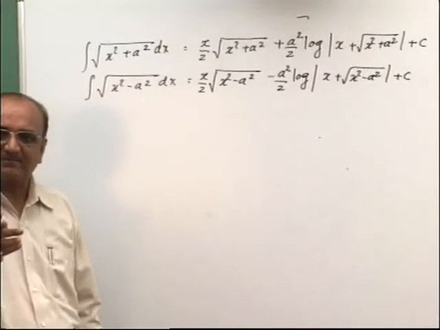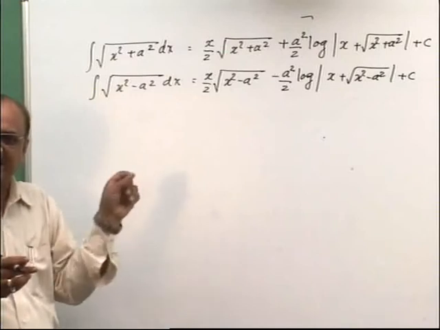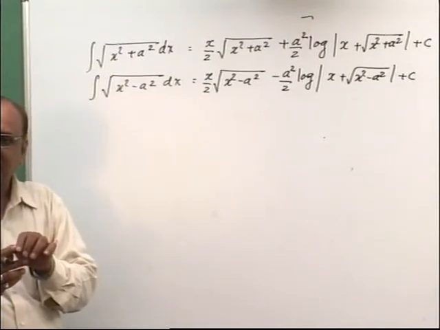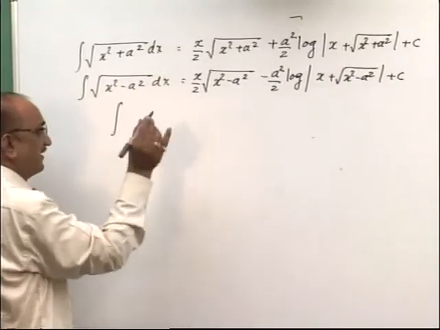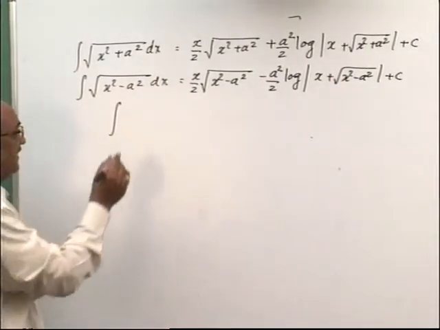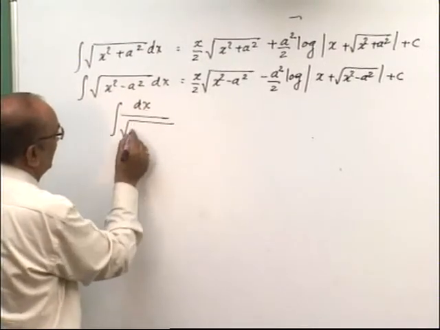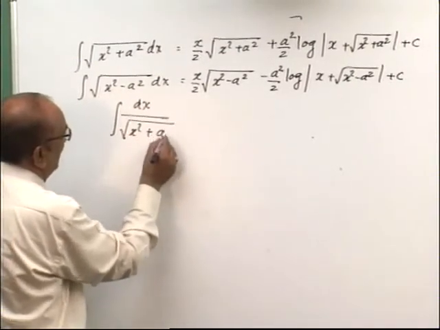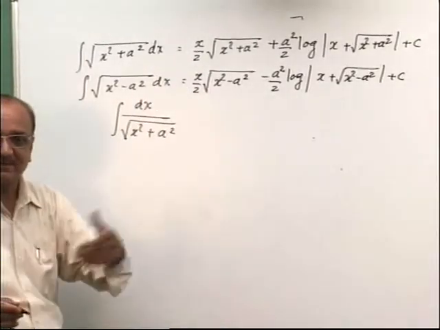To solve the examples by this method, I am writing one more formula here. It was already discussed in the classroom and in the last lecture, but I repeat, as the next formula is important. The integration of dx upon root of x squared plus a squared is for revision purposes, but this formula is a part of this example.